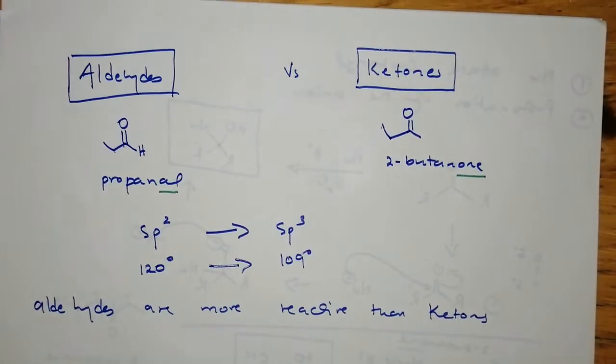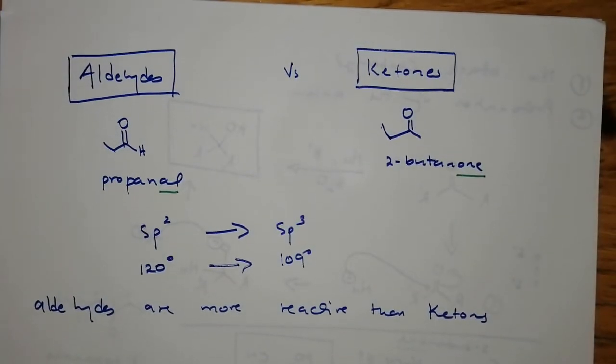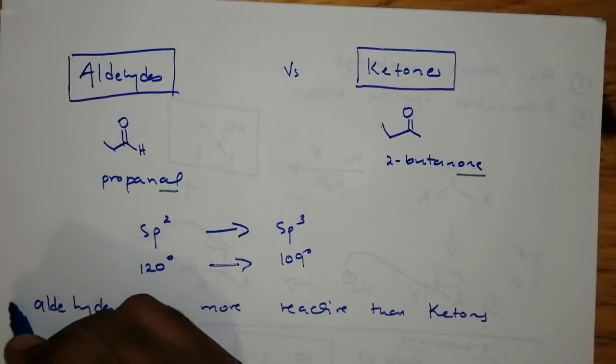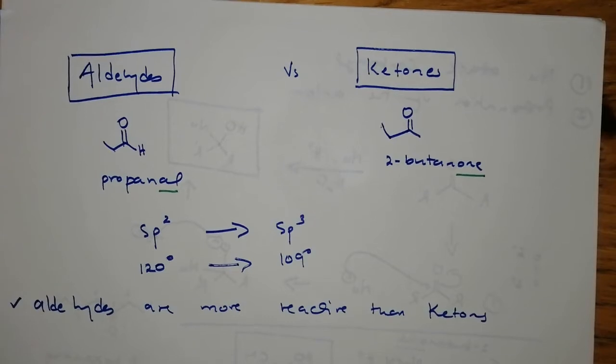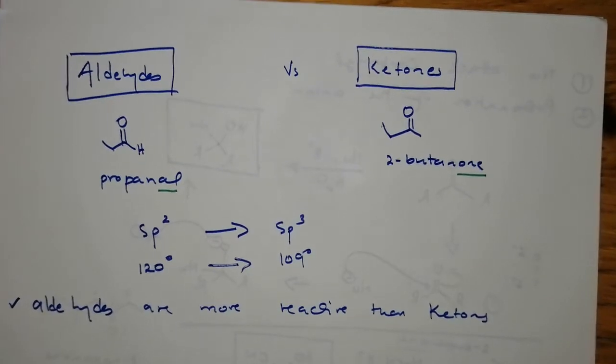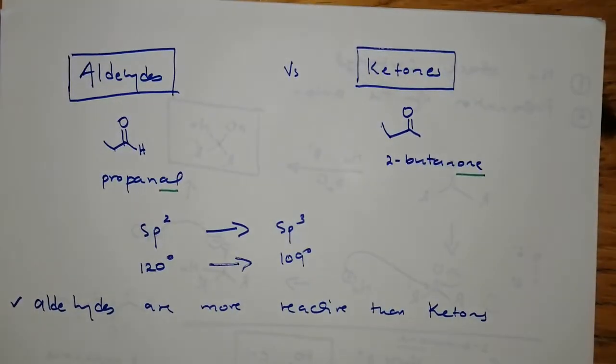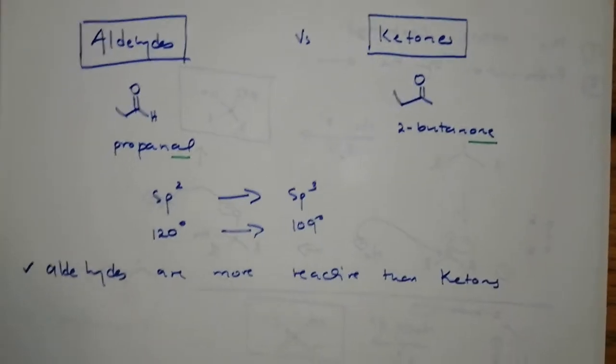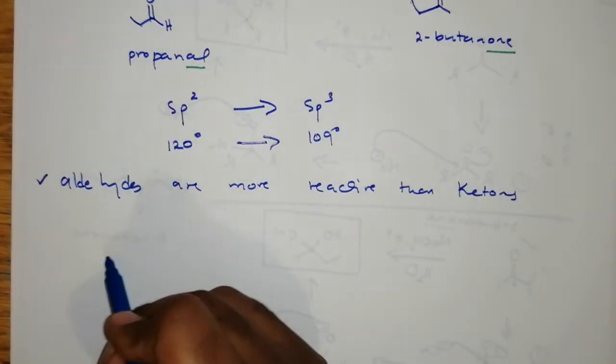So there are two reasons as to why aldehydes are more reactive than ketones. One of them is steric reasons, which we're going to look at now, and the other is electronic reasons.